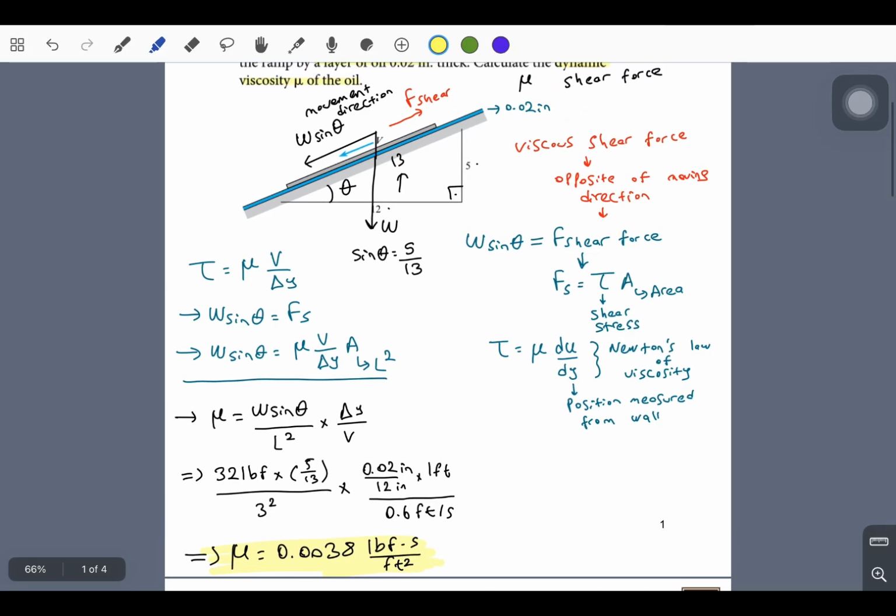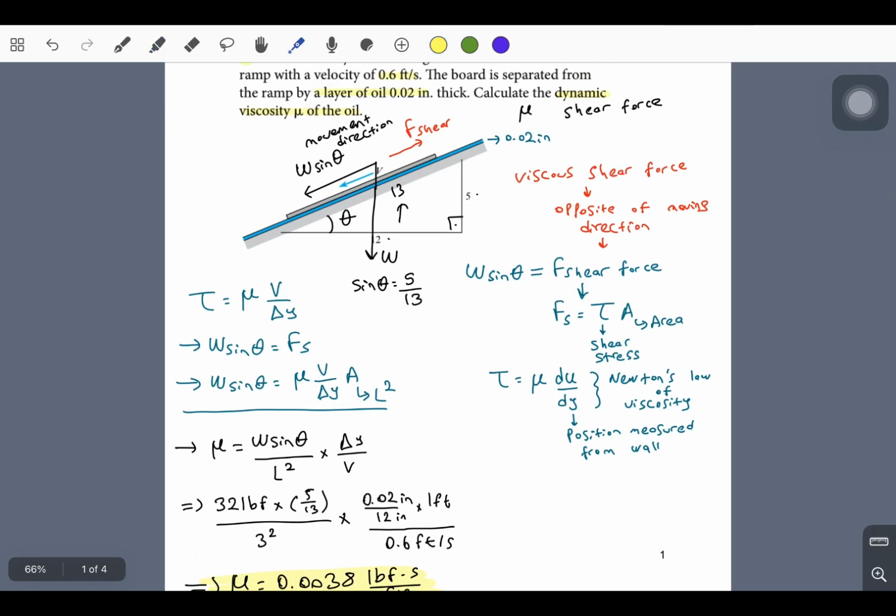So what we did is we calculated all the forces within the moving direction. So we only have sinus component of weight, and we have the viscous shear force, which resist the motion, so these are actually equal to each other because we don't have any other force.